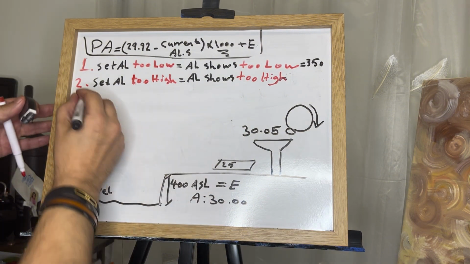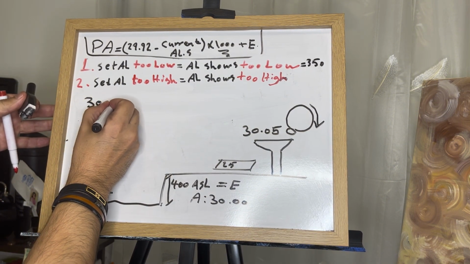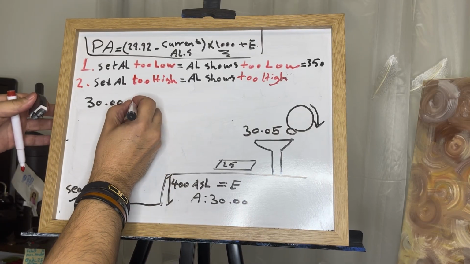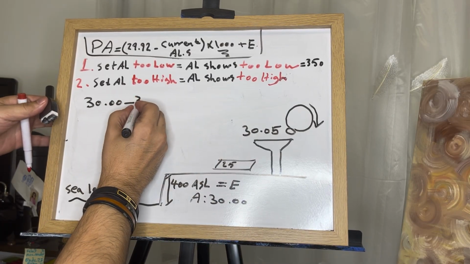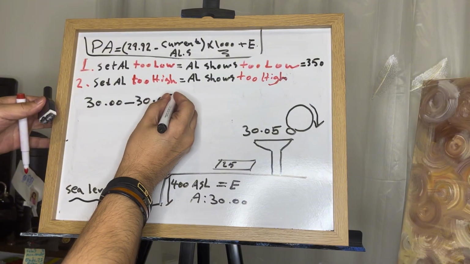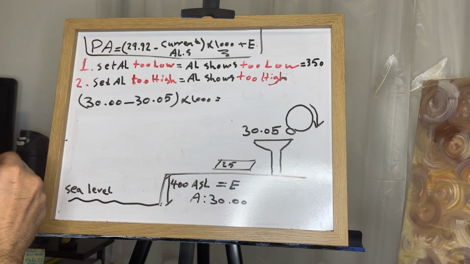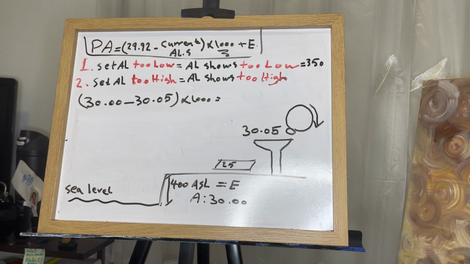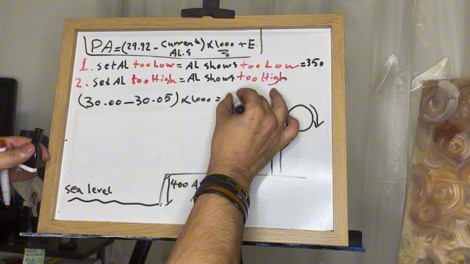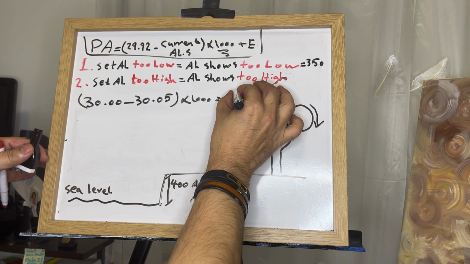How much? 30.05 minus local pressure 30.00, multiply by 1000, equals 50.